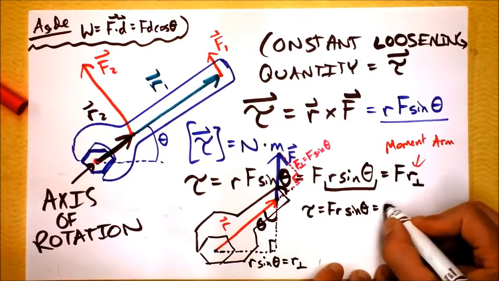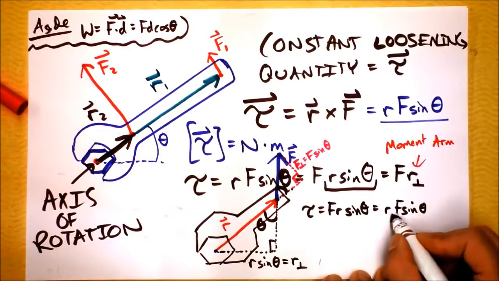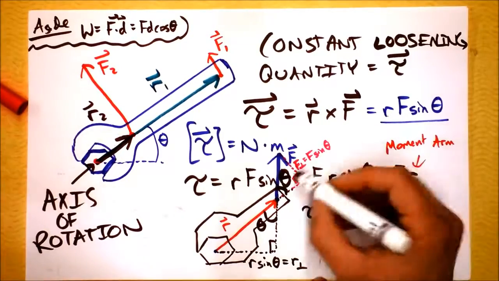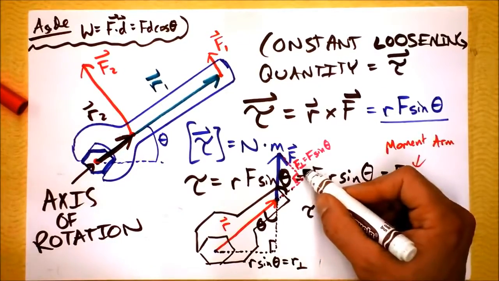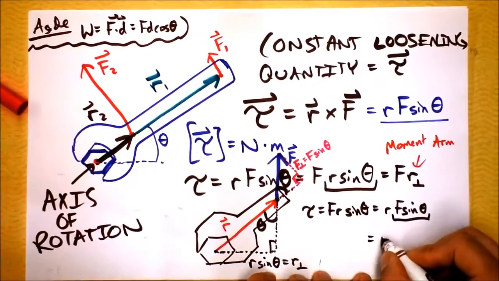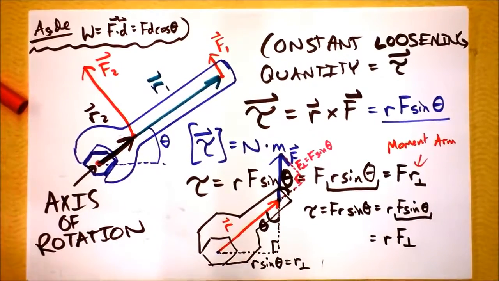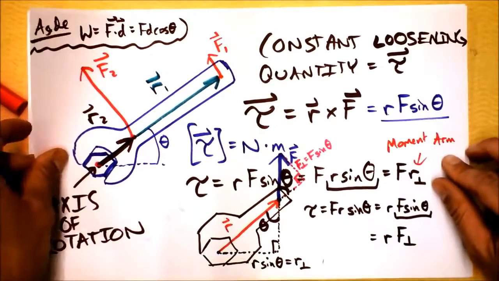So torque is, well, I guess it's R times F sine theta. And we can identify F sine theta, look at this, F sine theta is F perp. So we can also say that torque is R times F perp, or the force that is normal to the distance out. Wow, that's a messy slide. All right, let's keep going.